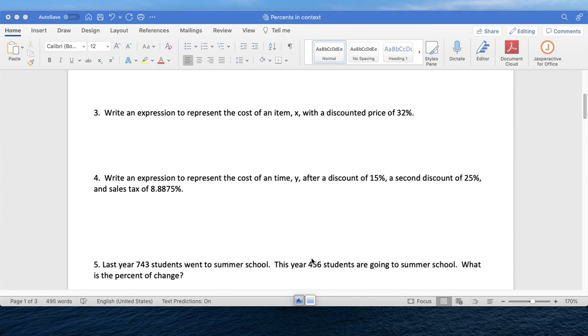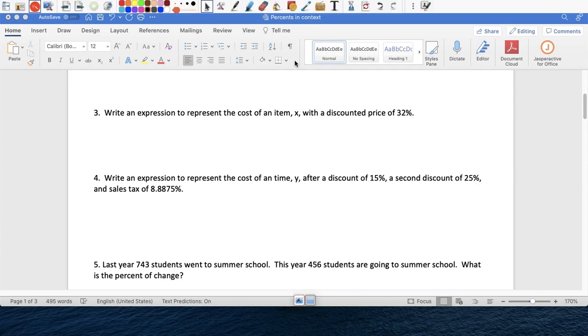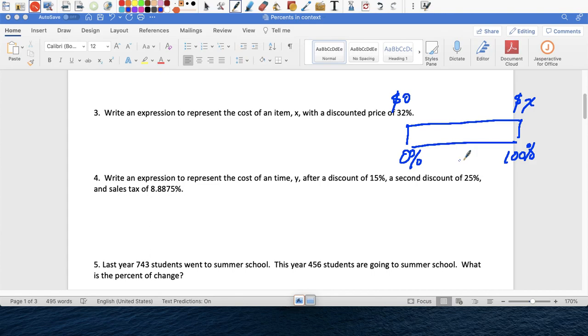Number 3, write an expression to represent the cost of an item X with a discounted price of 32%. So again, think of a bar from 0 to 100%. The cost of an item is $0 here, which represents 0%, and the cost of the item is X right now. If you take 32% away, you are left with 68%.